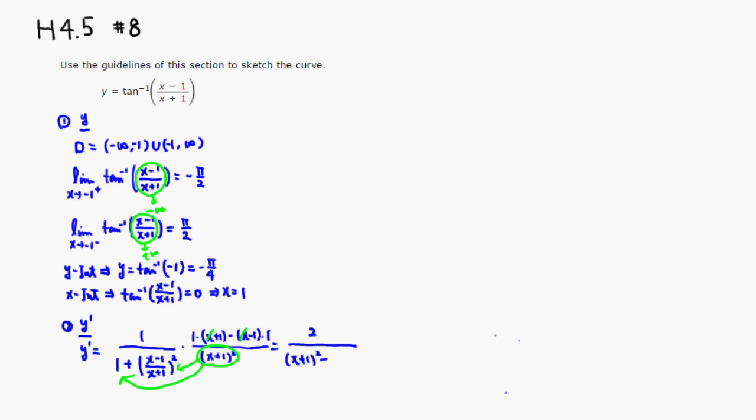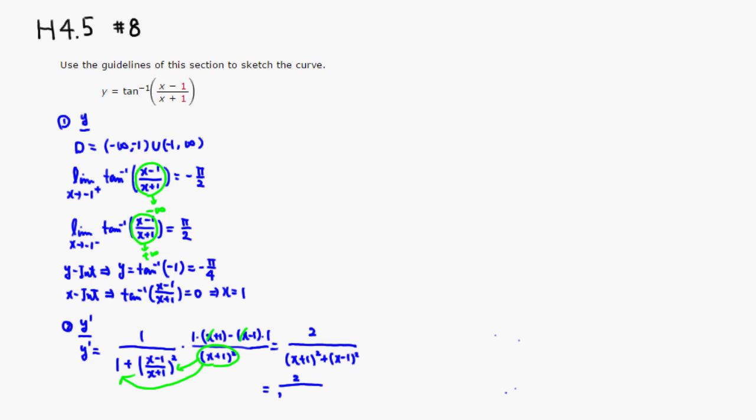Alright, so the denominators cancel out. So you're going to get x squared minus 1. I messed it up again. x minus 1 squared. Alright, this can be simplified to 2 over, right?